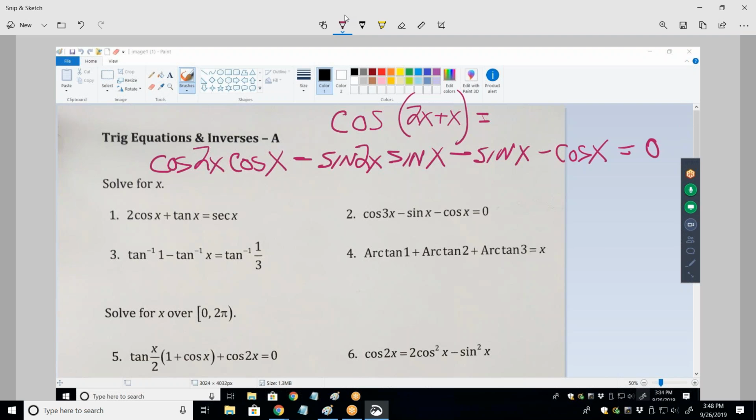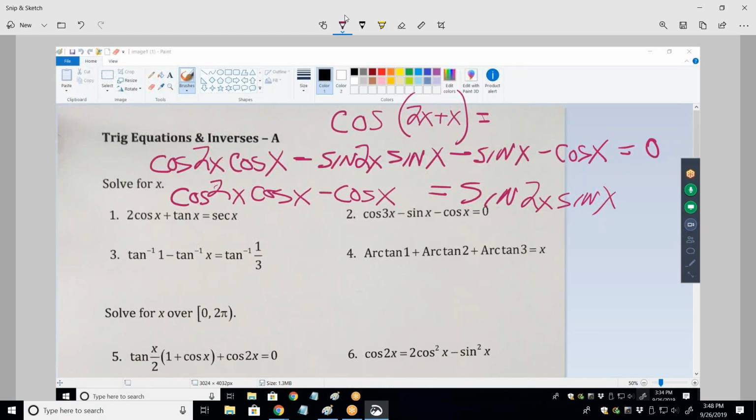Group the middle two terms and the other two terms. Let's see what happens if I do that. In other words, cosine 2x, cosine x, minus cosine x. And on the other side of the equation, we got sine of 2x, sine of x, plus sine of x.